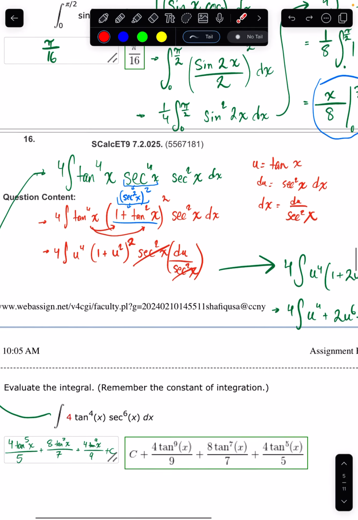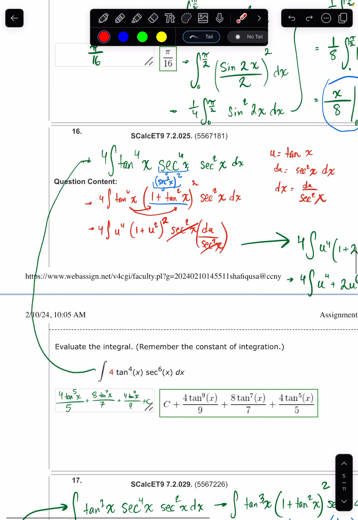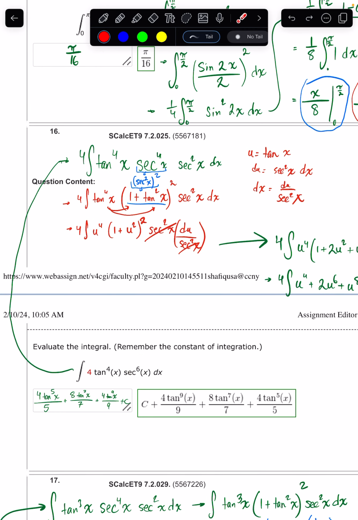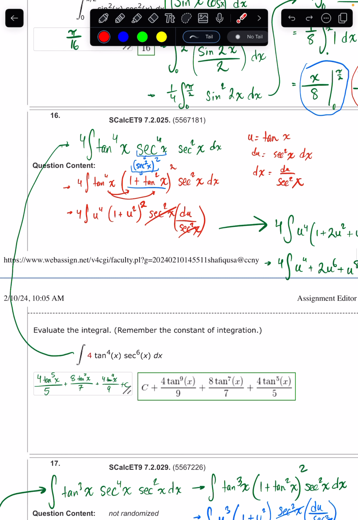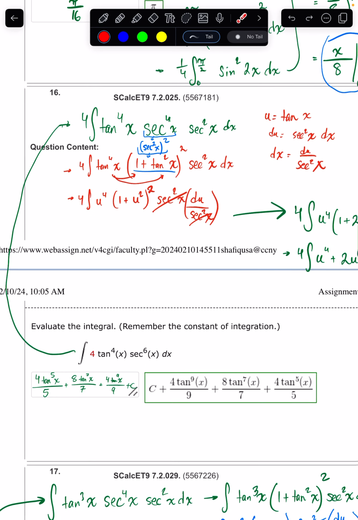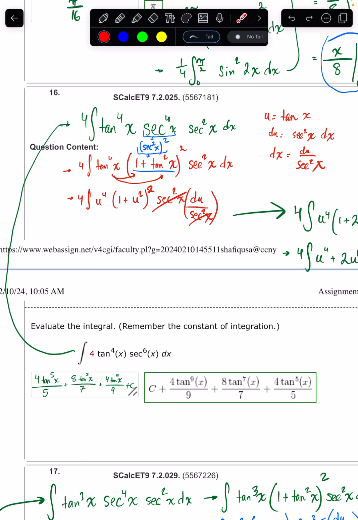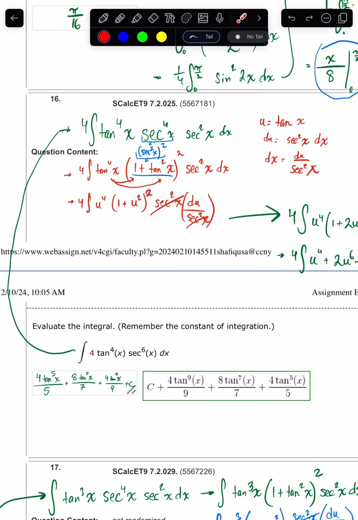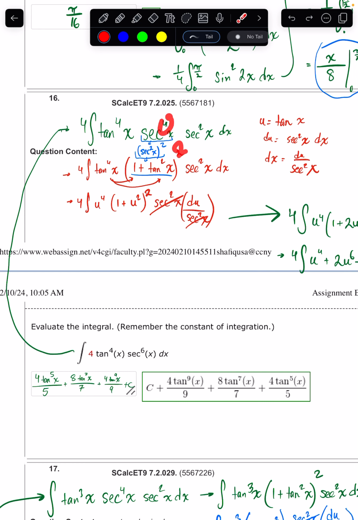So we had an even amount of secant x, which was secant to the 6th, right? So I saved a secant squared. I can write the trig identity. You can rewrite this secant to the 4x as secant squared x to the 2nd power, and secant squared x, its trig identity is 1 plus tan squared x, to the second power because of this.